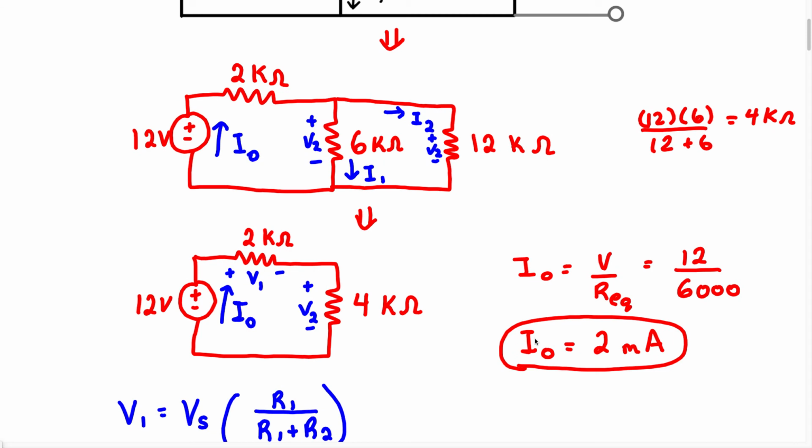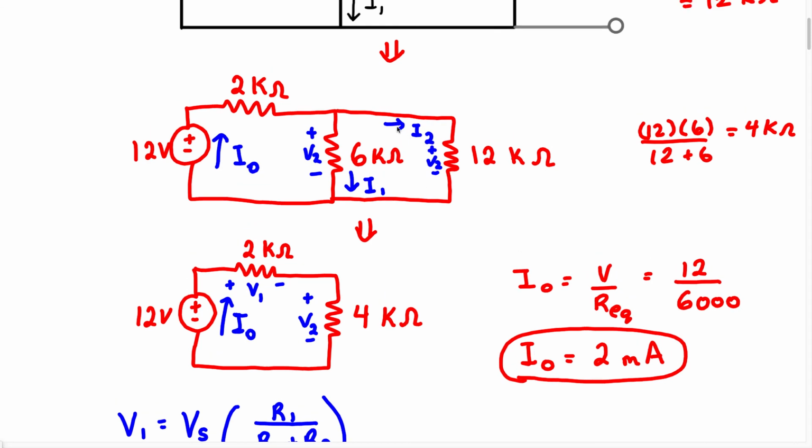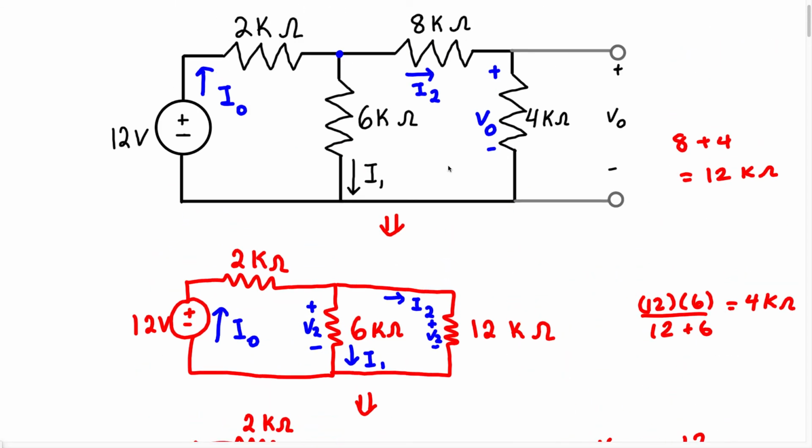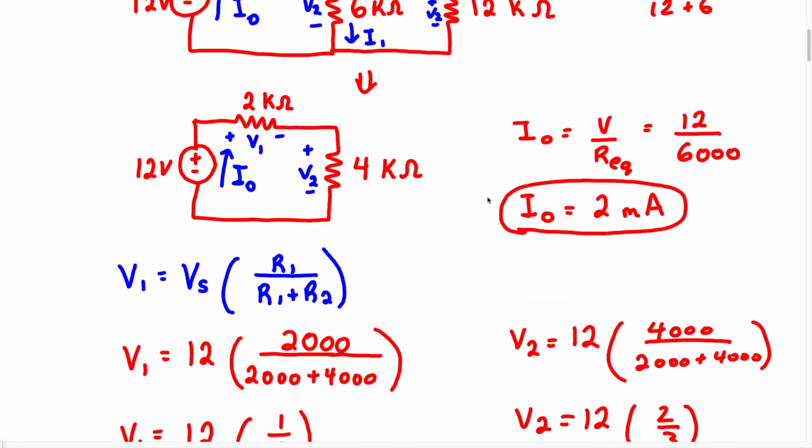Now, when we look back up at our original circuit diagram, they want us to find the voltage VO. So we know the current I2 that's going to be flowing through this resistor here. So all we're going to do is use Ohm's law to find the voltage VO.